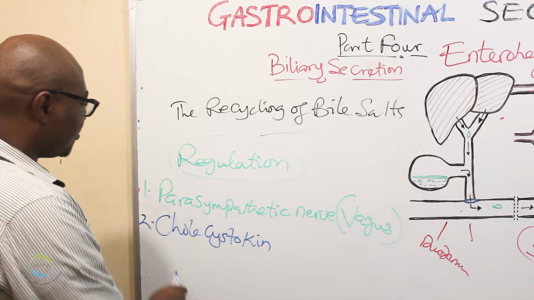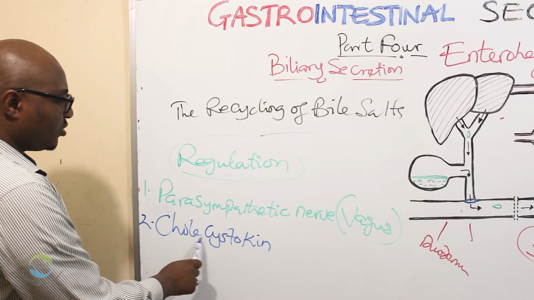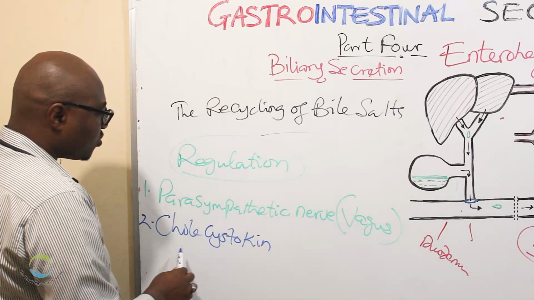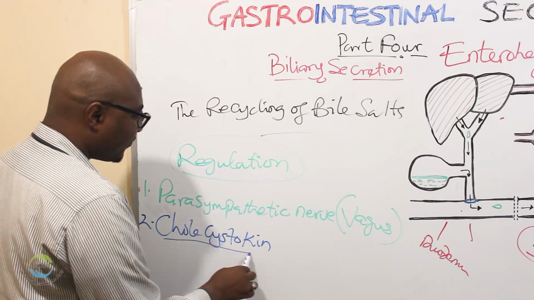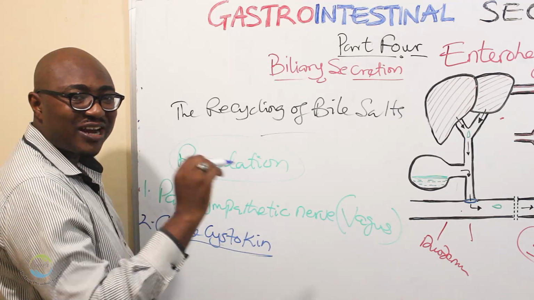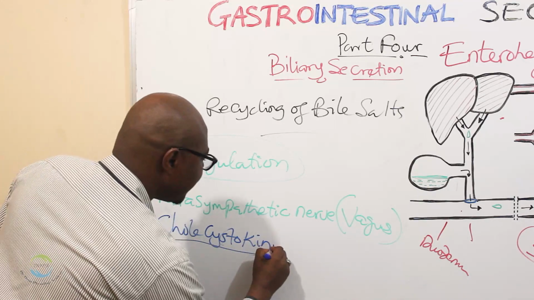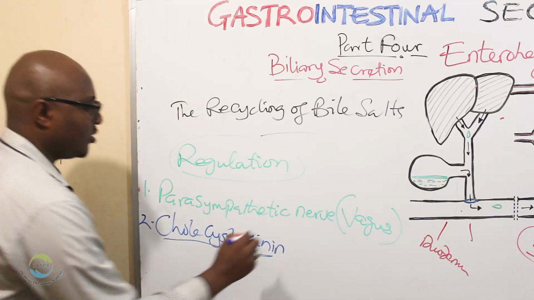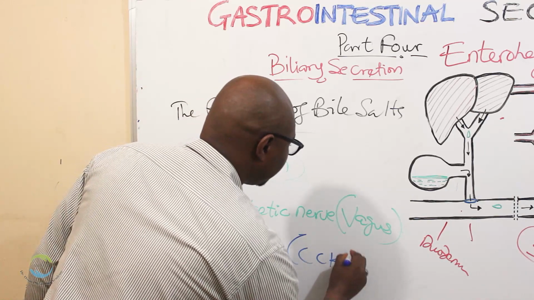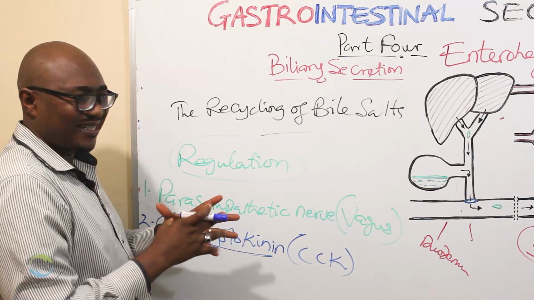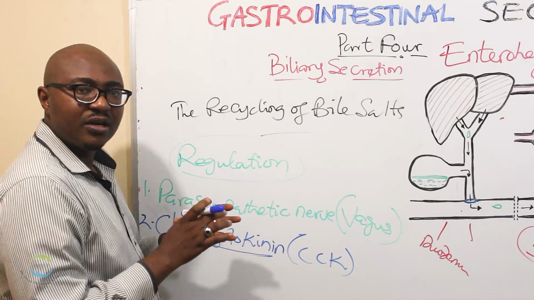And what is that function? Cholecysto. Cysto. You know, this is called cystic duct, cyst. So he's trying to tell you that the function is contraction of the gallbladder. That's where it got this name from, cholecystokinin. Okay? Also known as CCK for short. So that's what it does. It helps in the contraction of the gallbladder.